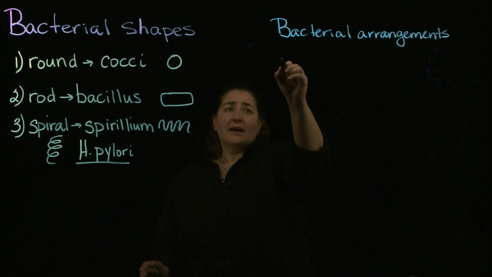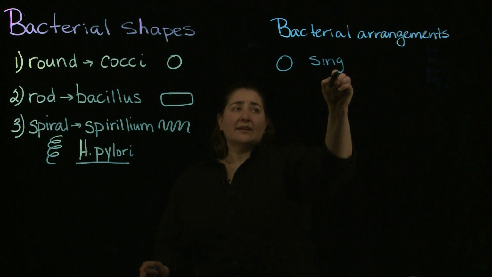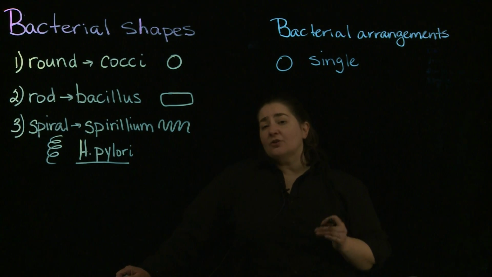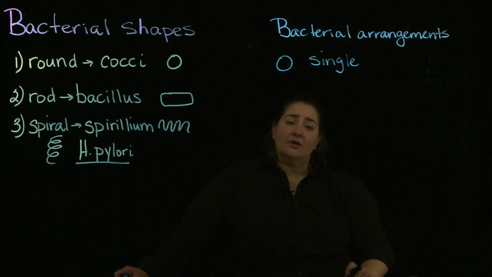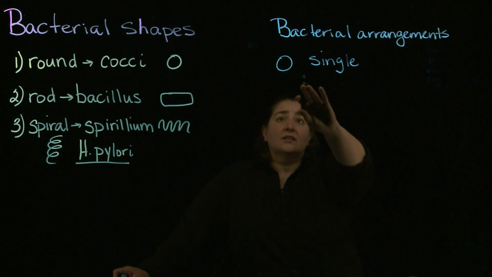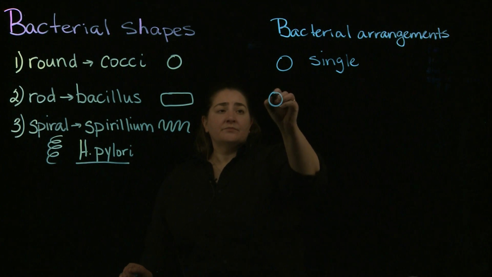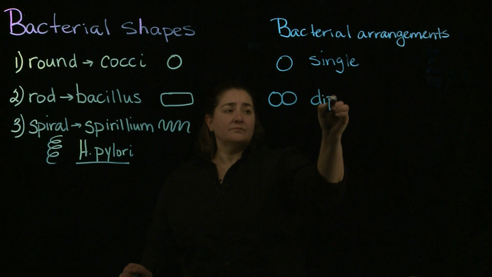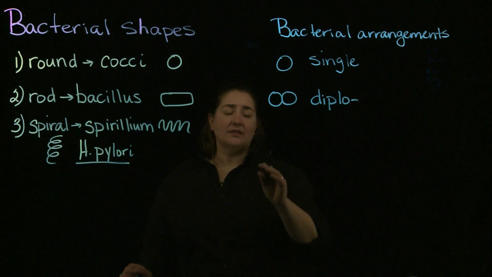So we can have just a single bacteria. I drew a circle here, but you could also have a single bacillus or a single spirochete. You can also have two together, which would be diplo.